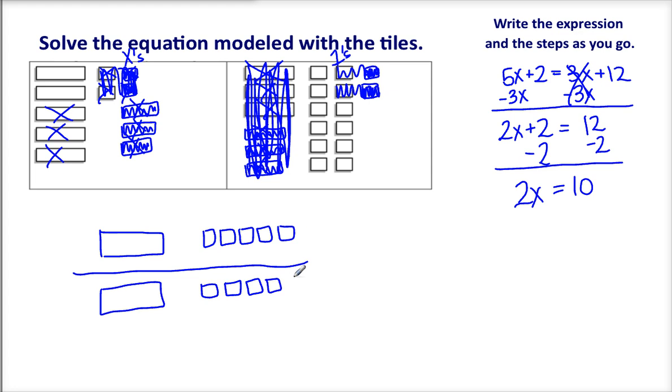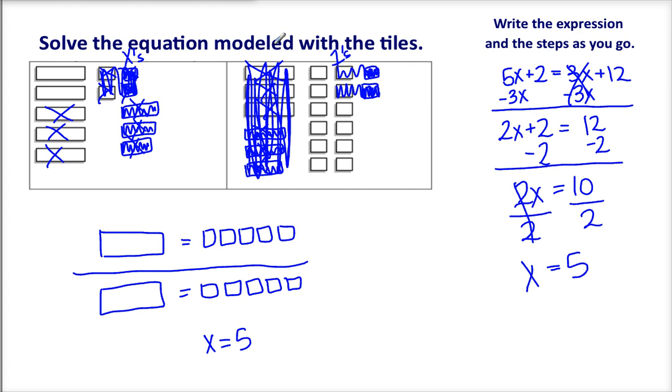And this tells me that x is equal to 5. So with my equation over here, I divided it into 2 groups. That cancels out and gives me my 1x, and 10 divided by 2 is 5. So that's where my x equals 5 comes from.